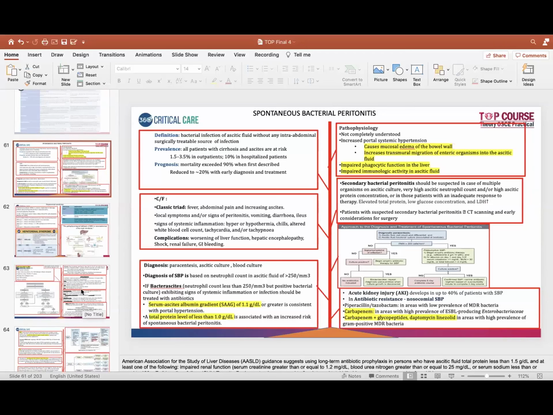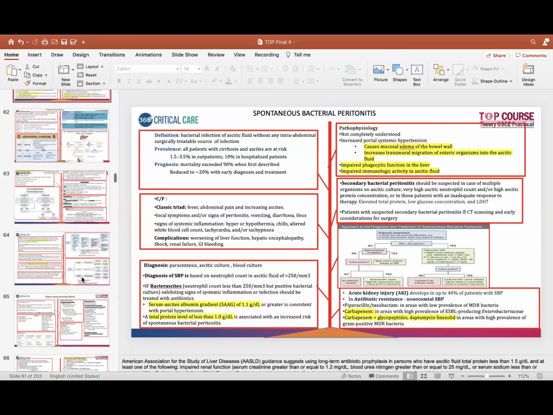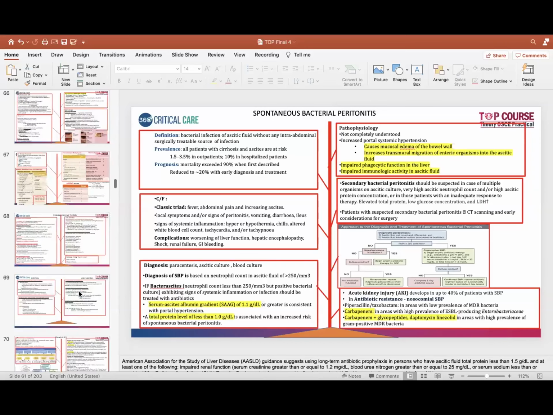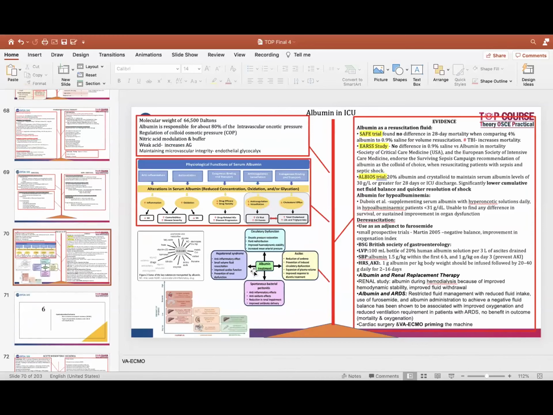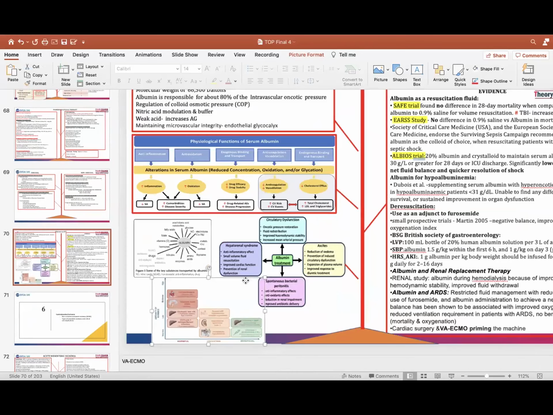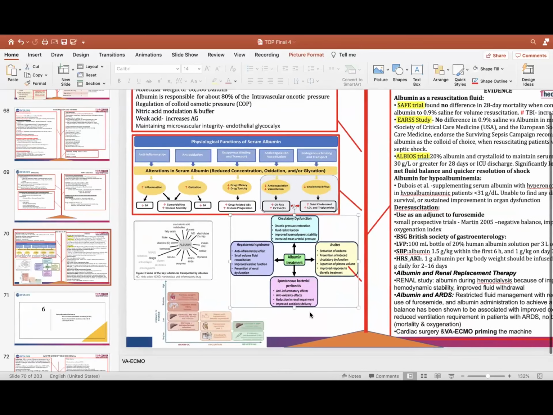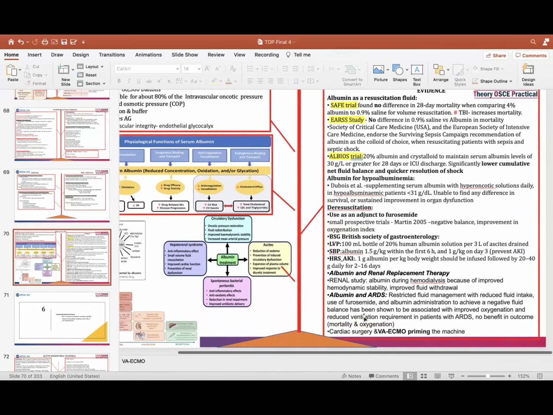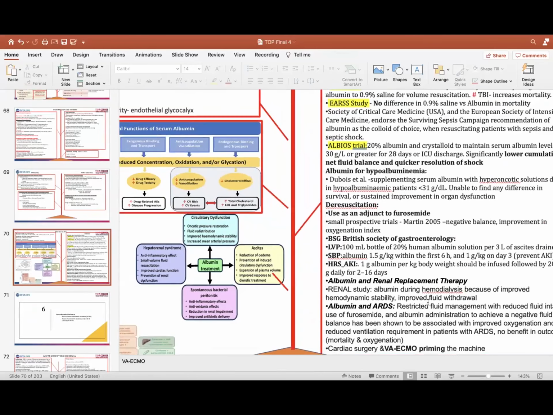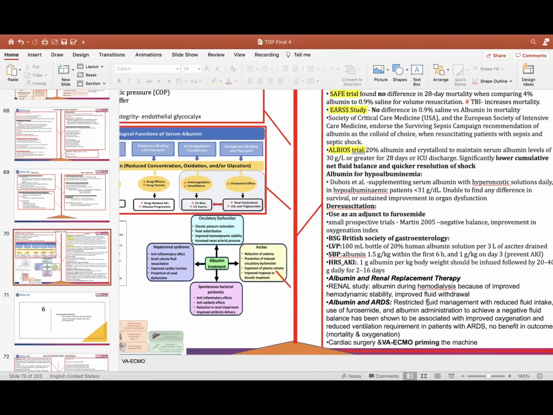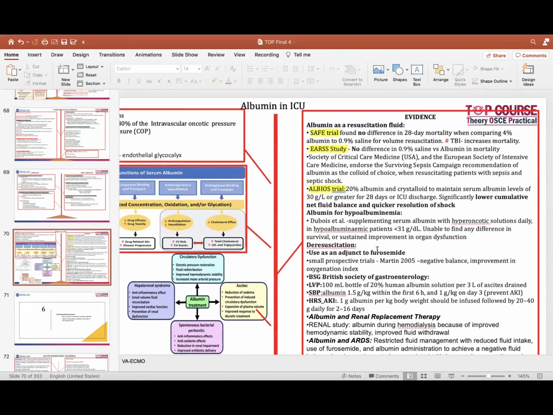Can we get the albumin indications chart in zoomed in mode? Okay. Are you able to see it?